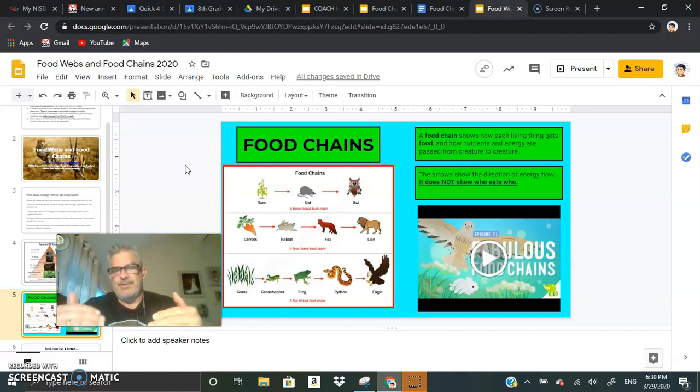Each of those different chains has a different number of organisms in it. So you've got the corn chain: producer, primary, secondary consumer; producer, primary, secondary, tertiary consumer; producer, primary, secondary, tertiary, quaternary, fourth level consumer, quaternary consumer.